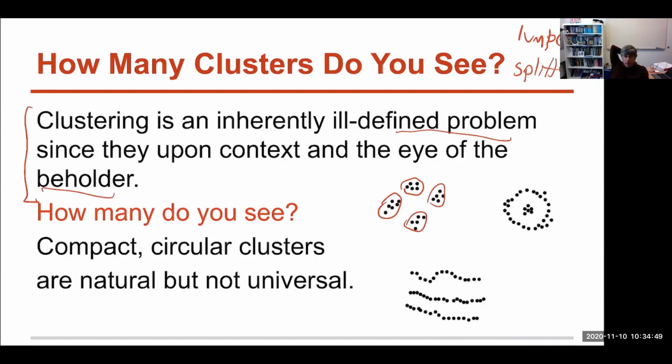But recognize that depending upon what feature space you're in, circular clusters are not necessarily universal. I look at this and I see two clusters, even though one is kind of contained within the other. Looking at this, I easily see three groupings of points, but they're not circular things. Any questions about that?